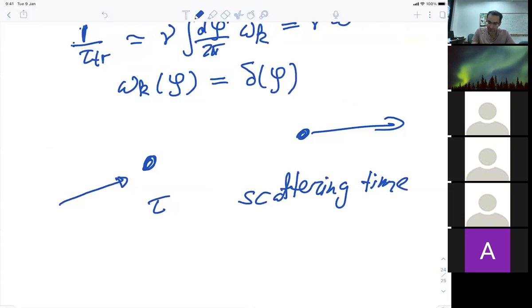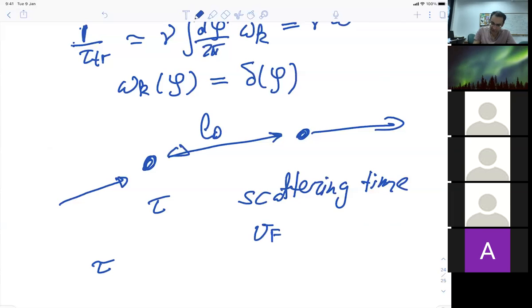If the typical distance between the impurities is some L0, and an electron moves with the Fermi velocity v Fermi, then the time between individual scatterings is just the distance between the impurities divided by the velocity of the electron.